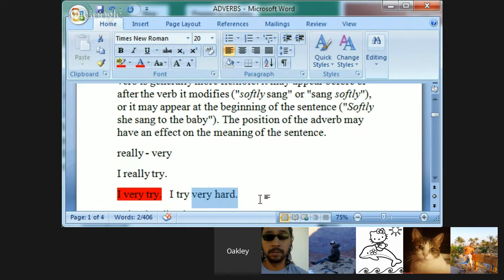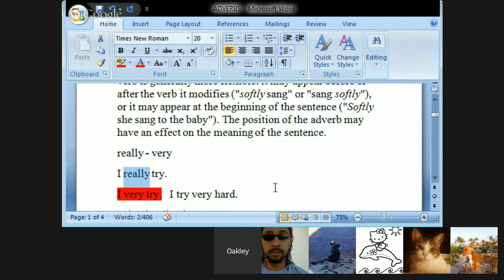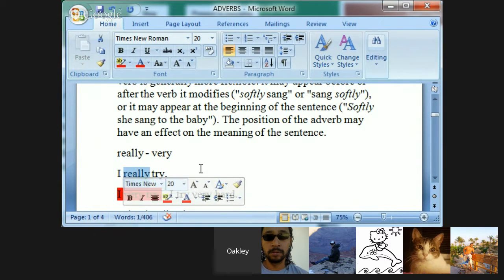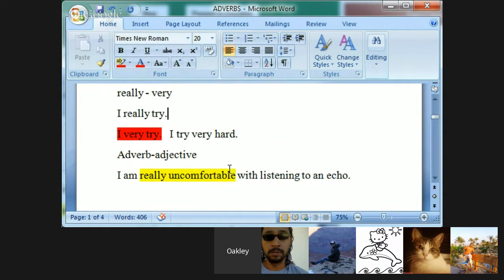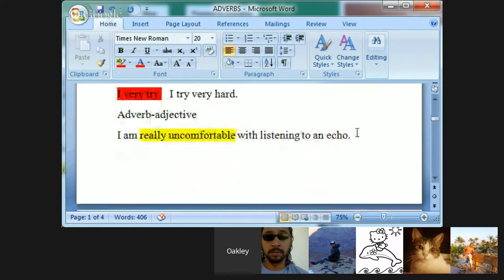However, when it comes to verbs, it's okay to use really. It's not okay to use very directly in front of a verb. It sounds really strange. It just doesn't work. Okay, just had to make that point before we continue, because it's probably the most common mistake that I hear regarding adverbs.